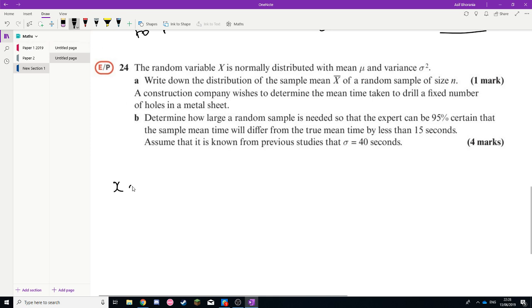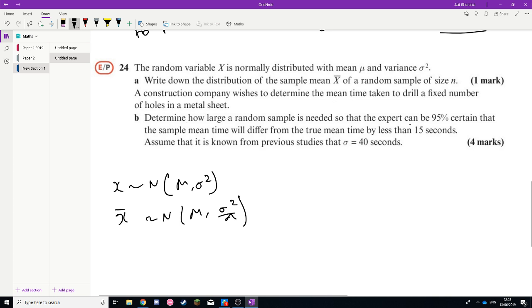First of all, we have x distributed with mean mu and variance sigma squared. Now x bar is going to be distributed with mean mu and variance sigma squared over n. A construction company wishes to determine the mean time taken to drill a fixed number of holes.